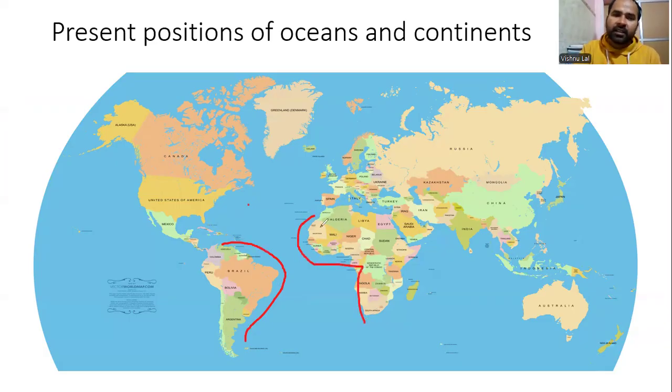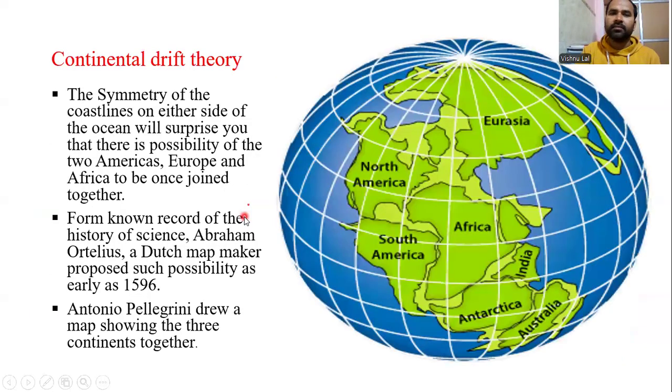It seems that this portion of Africa and this portion of South America can be fitted together. It looks like these continents were once joined together. There is a similarity in their coastline.